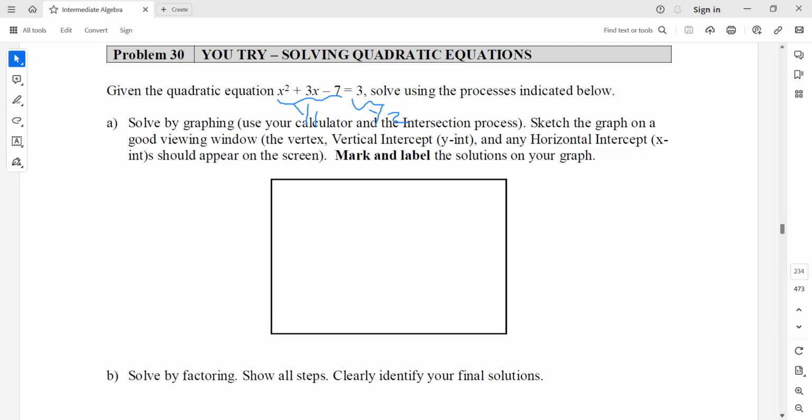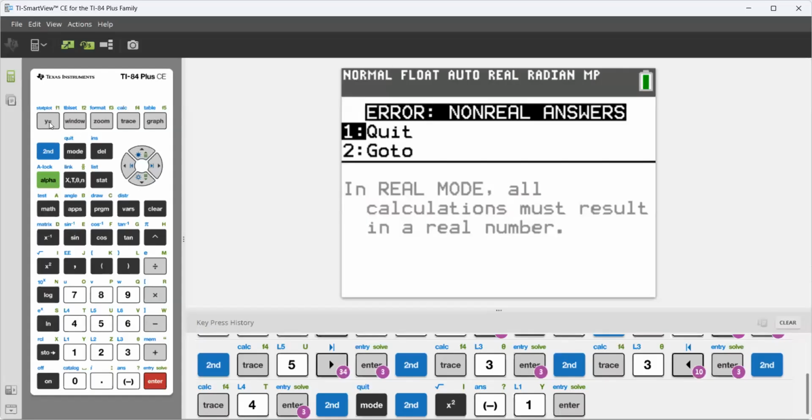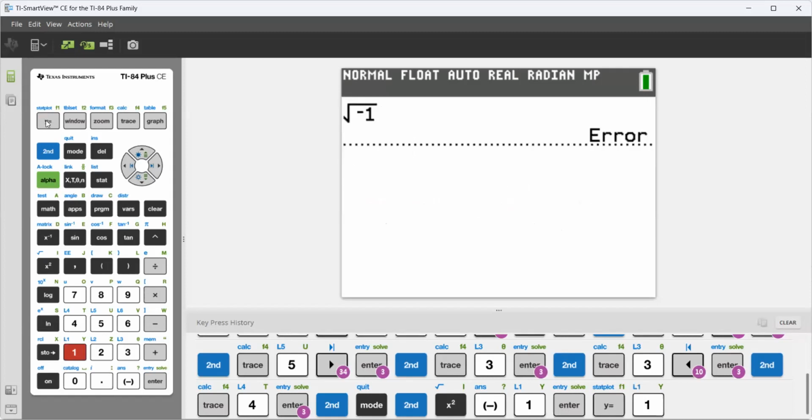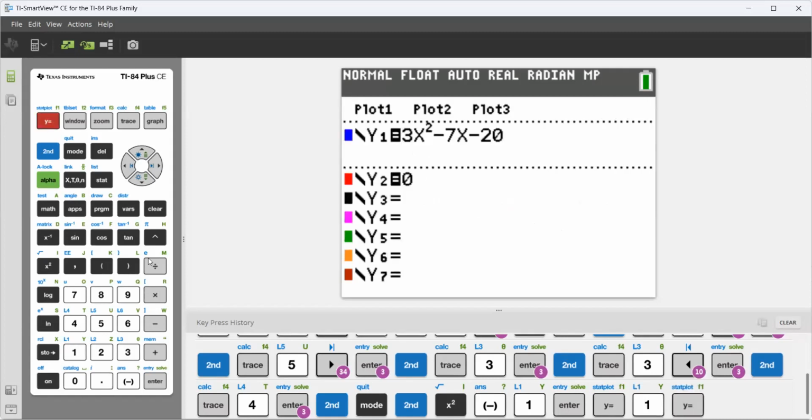So I'm going to go to my calculator. I'm going to press y equals and erase this, and then put in what I have.